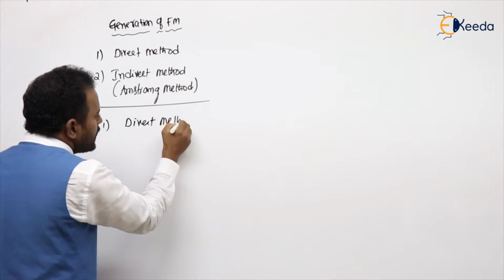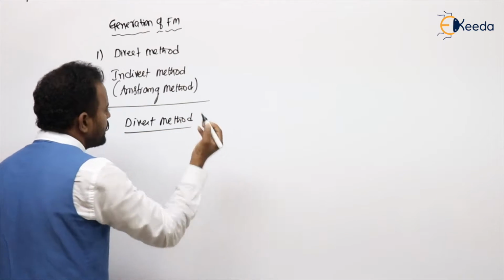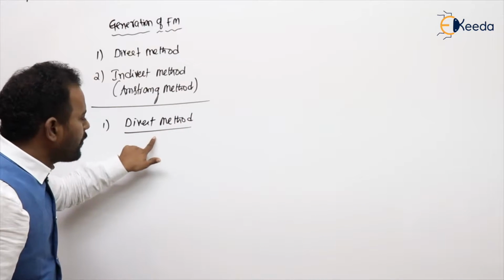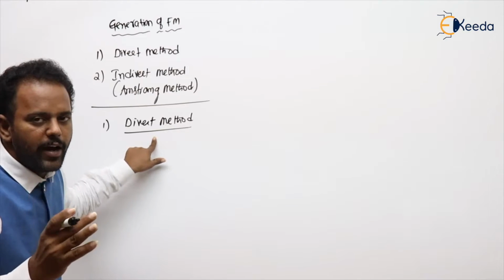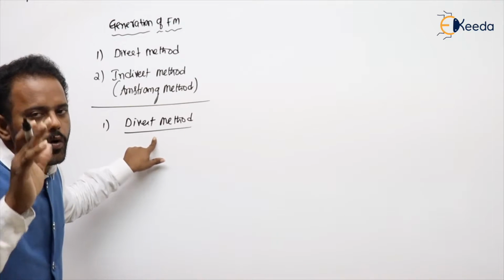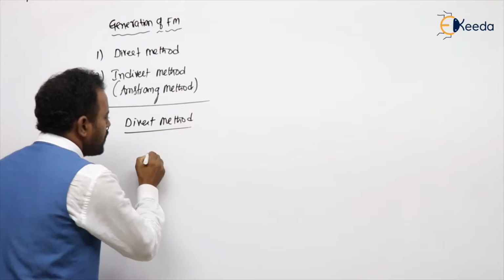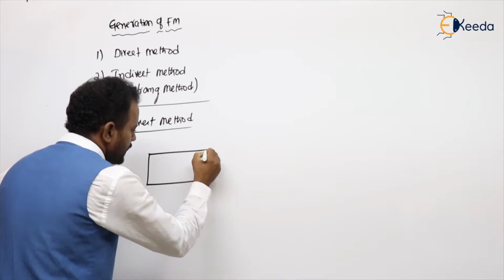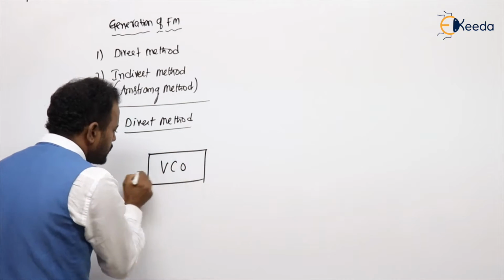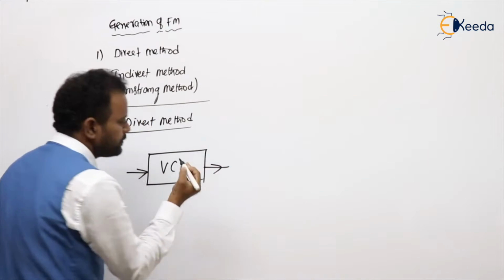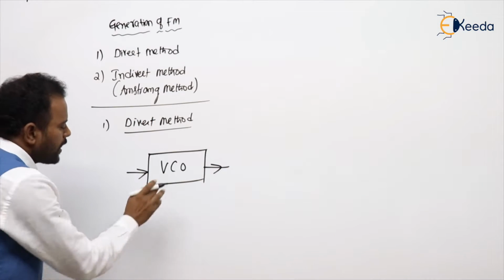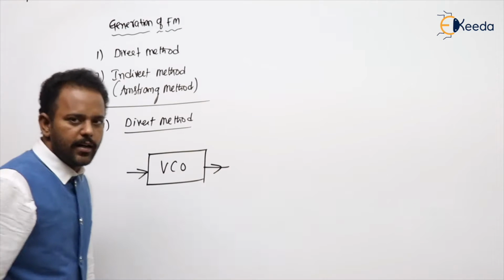In the direct method, wideband FM is generated from a device called the voltage controlled oscillator. What is this voltage controlled oscillator?